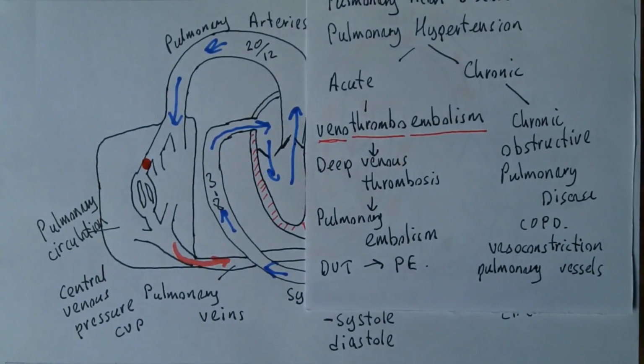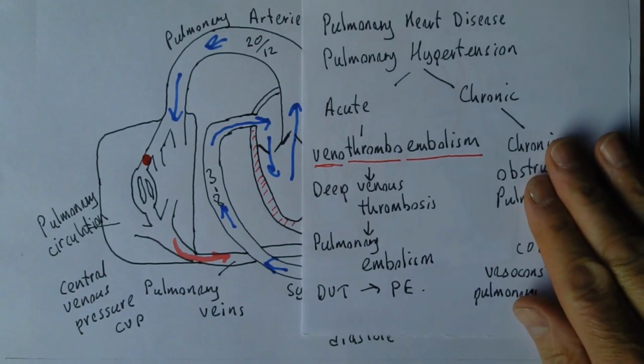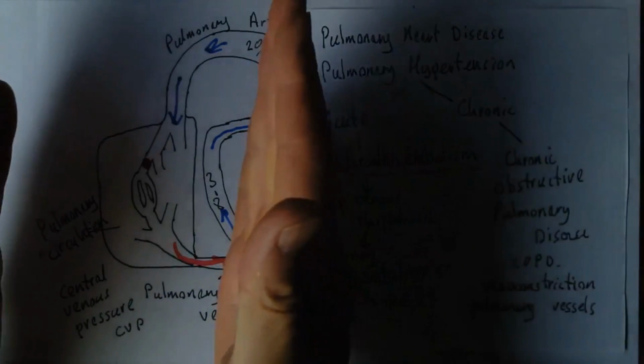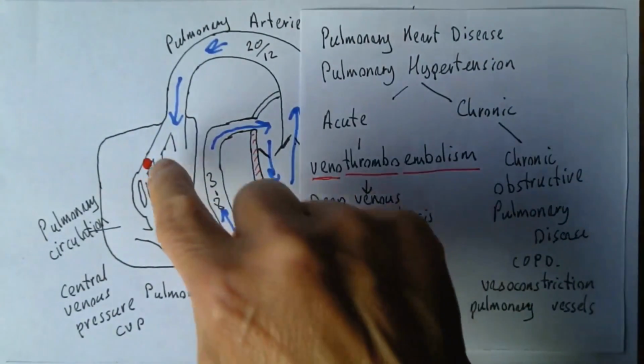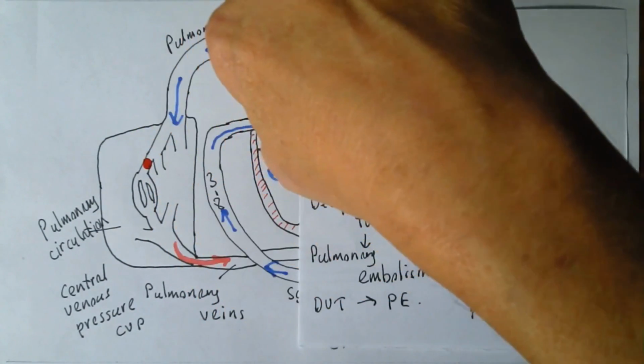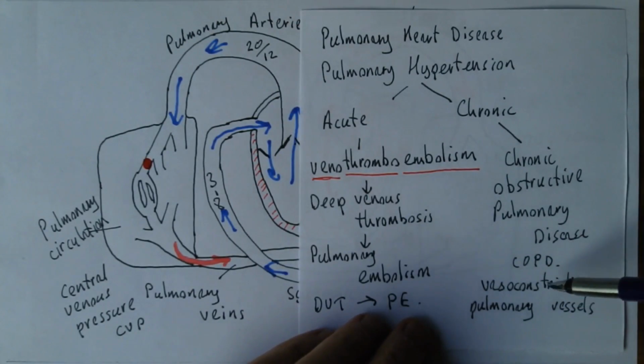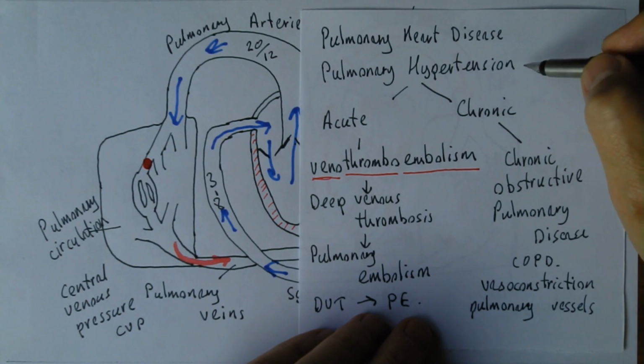There's going to be a global pulmonary arterial reflex vasoconstriction in response to the reduced levels of oxygen in the alveoli. And if we constrict the vessels, that's going to increase the resistance, and that's going to increase the pressure in the pulmonary artery. So again, the COPD causing the vasoconstriction of the pulmonary vessels is going to lead to the pulmonary hypertension.